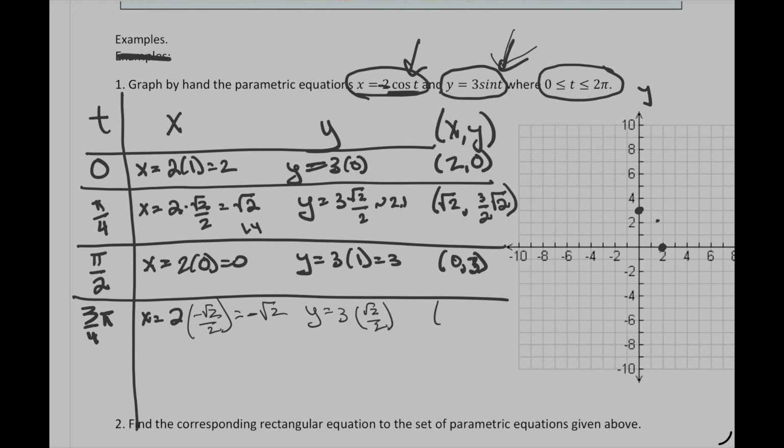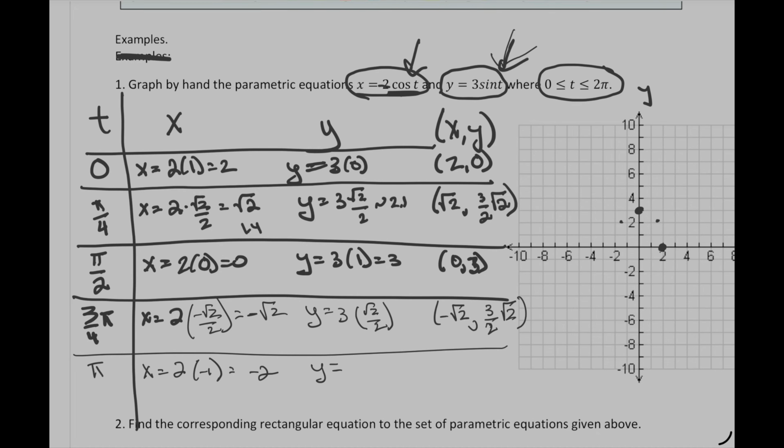So we're going to plot negative root 2, which is about negative 1.4, and 3/2 root 2, which is about 2.1. So right here, you'll see that there's a little bit of symmetry here. All right, let's do pi. X is going to equal 2 cosine of pi, which is negative 2. Y is going to equal 3 sine of pi, which is 0. So that's this point right here.